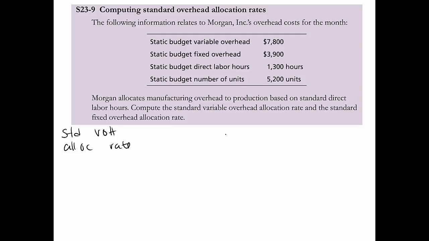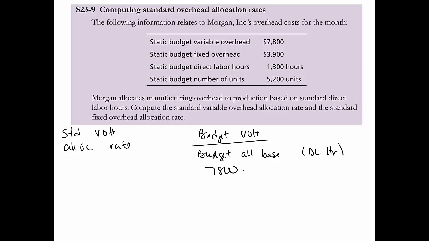So for both of these, it'll be the budgeted variable overhead, what I'm expecting in variable overhead, divided by what I'm expecting in the allocation base, which in this case is direct labor hours. So in this case, that's 7,800 divided by 1,300 hours, and I get $6 per direct labor hour.